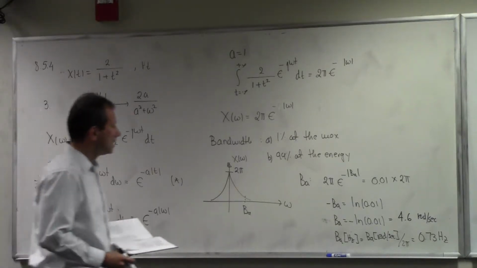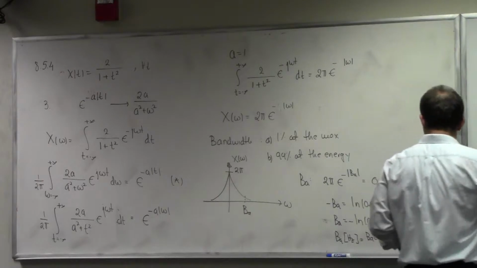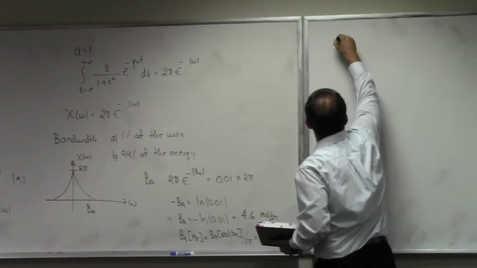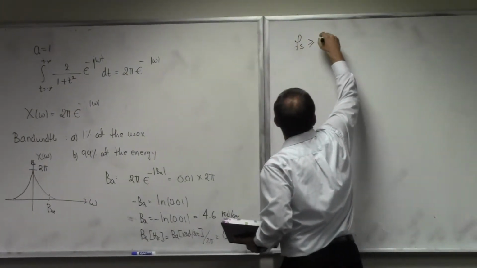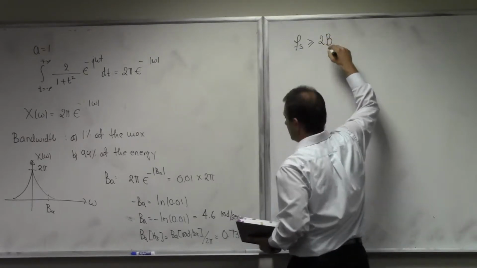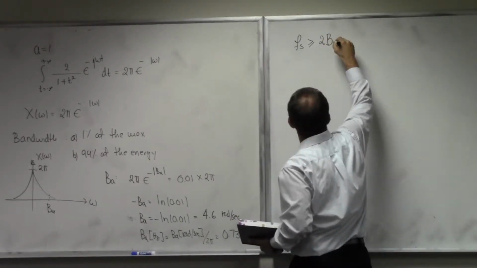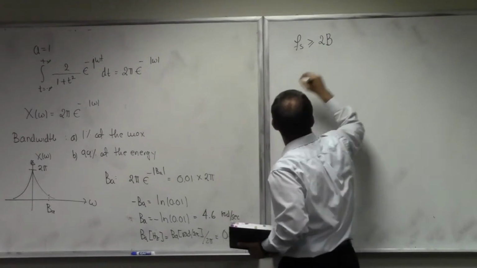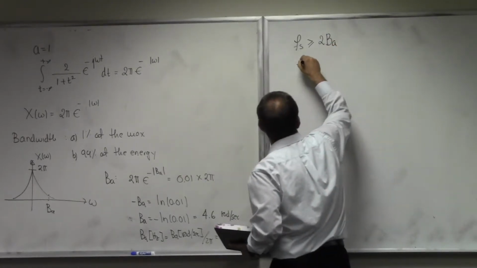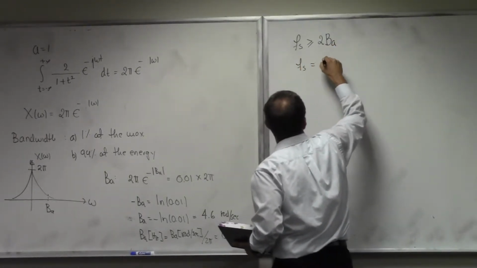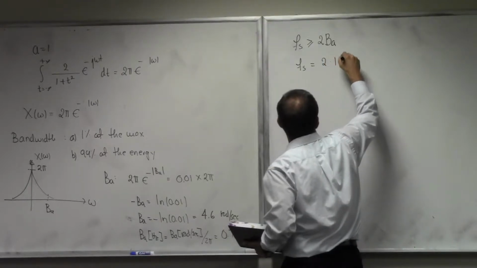Now we need to remember these two will come from some other requirements. Let's say I'm going to set Fs larger than 2 times bandwidth, right? Bandwidth is B here. And just to make my life easy, I'm going to say this is 2 times 1 hertz.